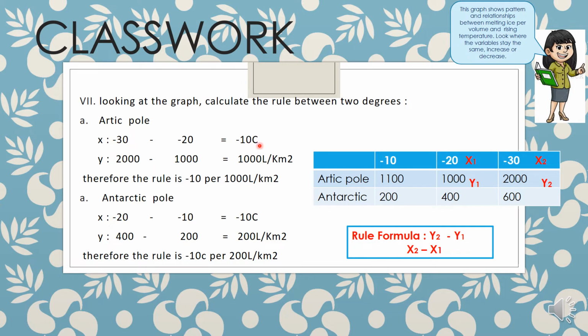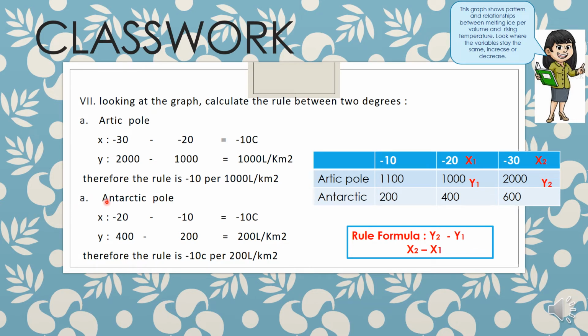The difference between them is negative 10 degrees. For the y, second y minus the first y is 2000 minus 1000, how many? 1000 liters per kilometer.